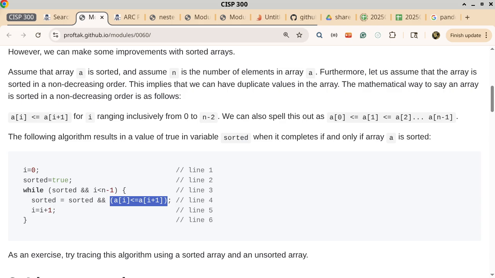All right, so getting back to this example. Okay, so this is the only part that can make sorted false. So that means if I evaluate this conjunction and the left-hand side turns out to be false, so that means, oh, okay, so at least I found one instance where a[i] for some value of i is greater than a[i+1], because that's the only way for sorted to become false, which also means I have no reason to continue this loop anymore.